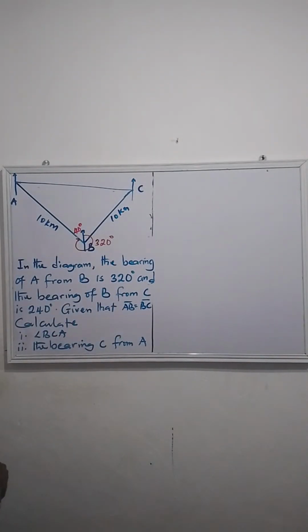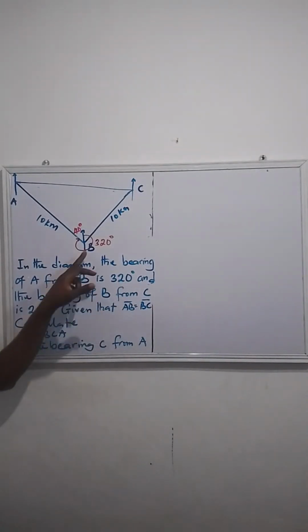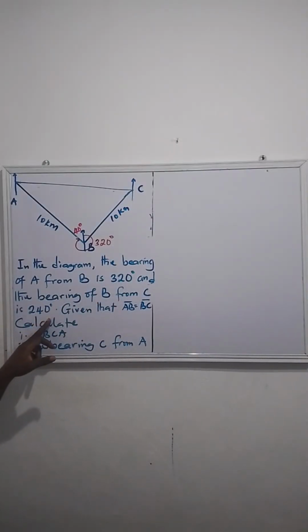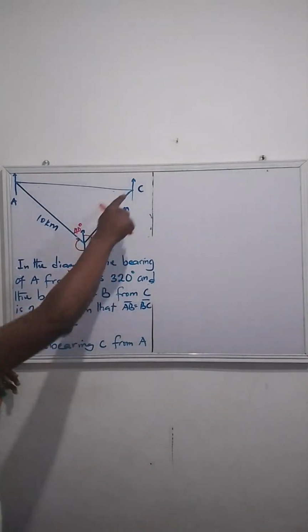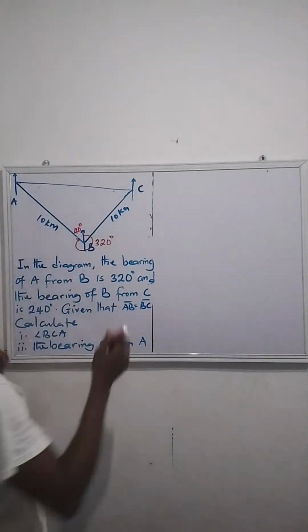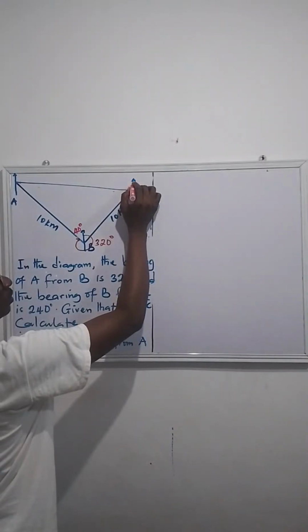Next, the bearing of B from C is 240. So from C, the bearing of B from C is 240. Can we read it now? 240, so moving this way.